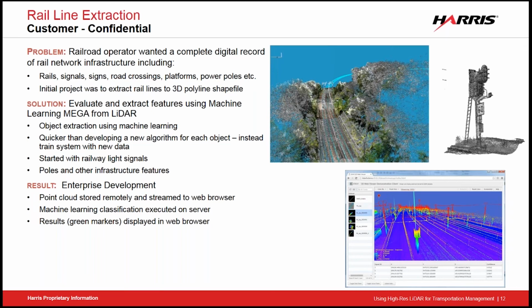So we're able to use the point cloud to extract using machine learning. We developed a quick algorithm, if you will, to train the system to find the information necessary based on customer requirements. And using that and develop it in an enterprise deployment, so this could be utilized multiple times.